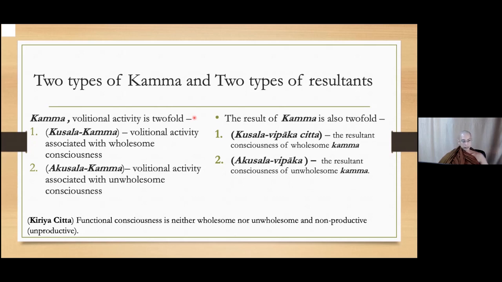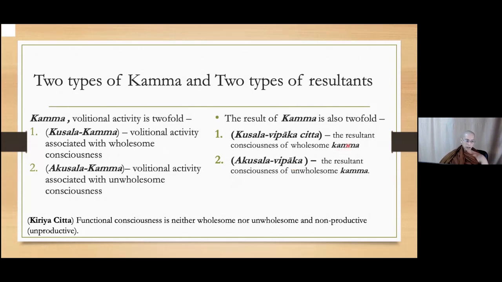There can also be vipaka that is materiality, included in the results, but they are not included in vipaka chitta because they are not consciousness. So these are the two types of resultants.